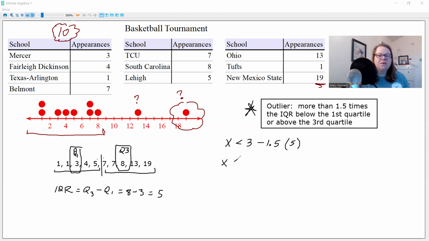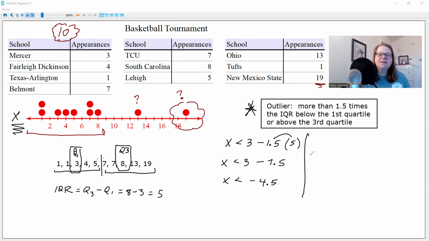So X is less than the first quartile minus 1.5 times 5, which is 7.5. 3 minus 7.5 is negative 4.5. So at the bottom end, our outlier would have to be a number less than negative 4.5. Well, we don't have anything out here in the negatives, so we don't have any outliers on that side, which makes sense. We looked at our dot plot and we didn't think that we did.